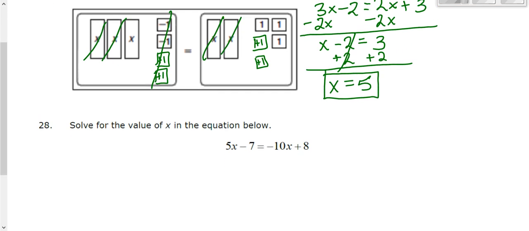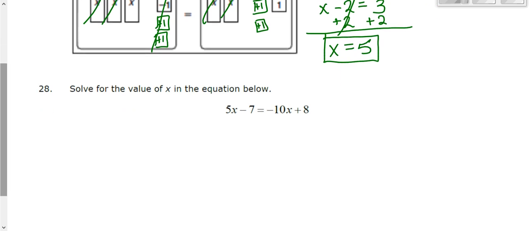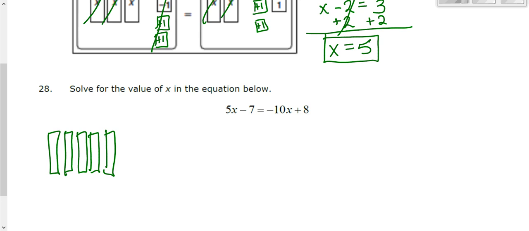Number 28, solve for the value of x in the equation below. Okay, so I'm going to draw my model, so those of you who would like to do the model can. So I have 5 positives and 7 negatives equals negative 10x plus 8.